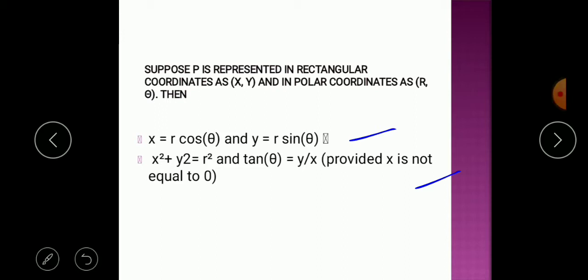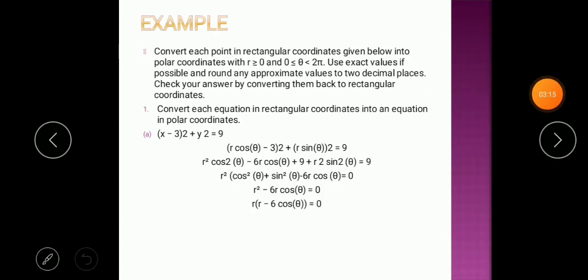So, let's have the example. Convert each point in the rectangular coordinates given below into polar coordinates. So first, we will convert each equation in rectangular coordinates into an equation in polar coordinates.